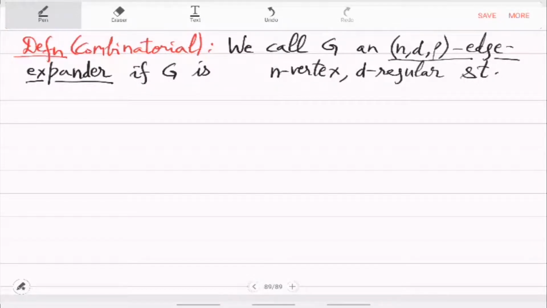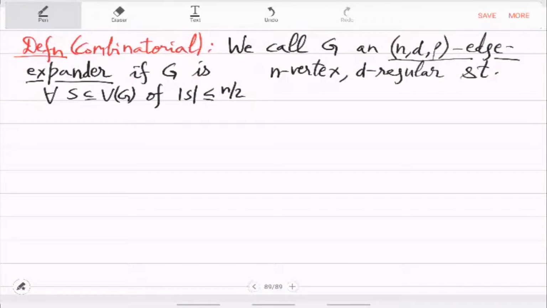So for any subset of vertices of size small, let's say smaller than n by 2.